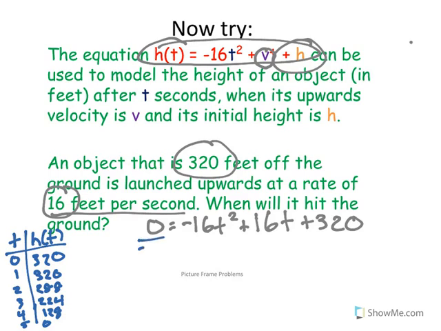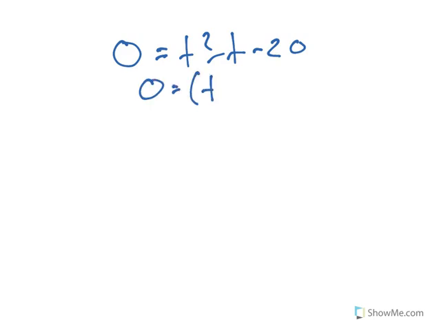So let's do what we've been doing and divide everything by negative 16. I've got t squared minus t minus 20. This one should be a really easy one to factor. t squared minus t minus 20 is going to factor as (t minus 5)(t plus 4).